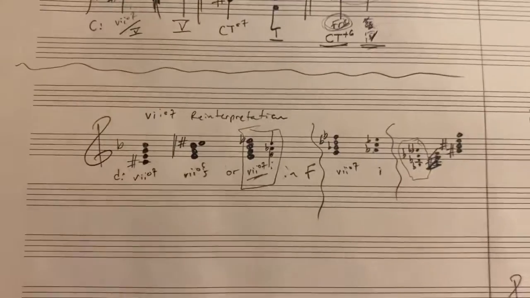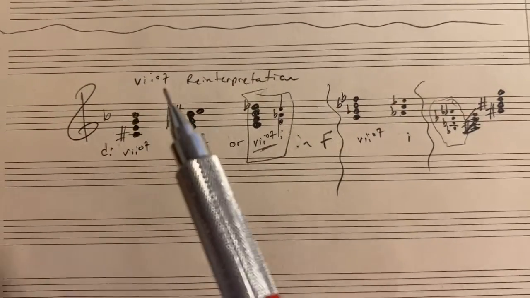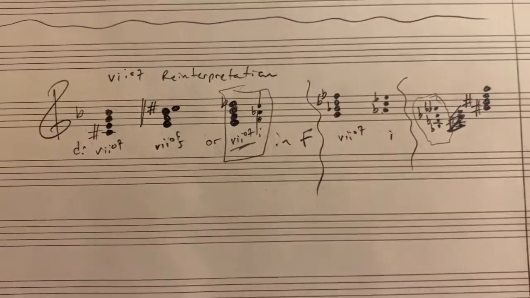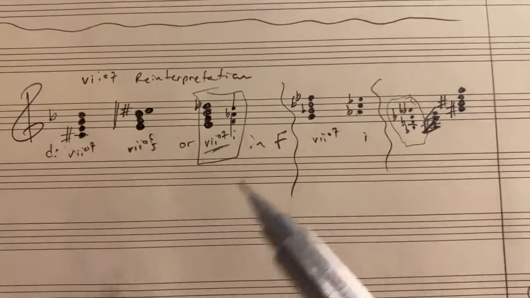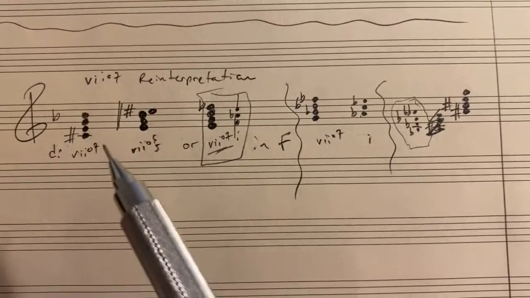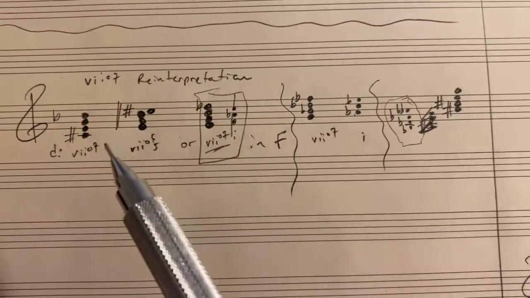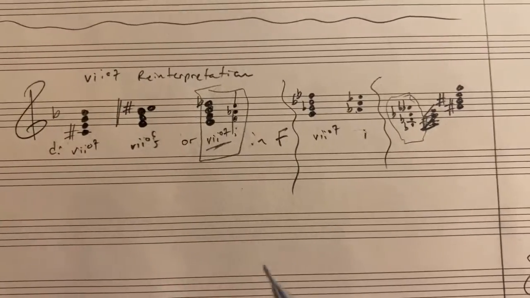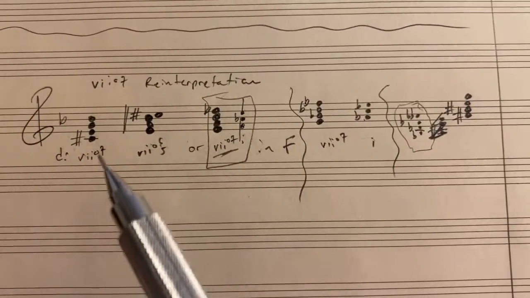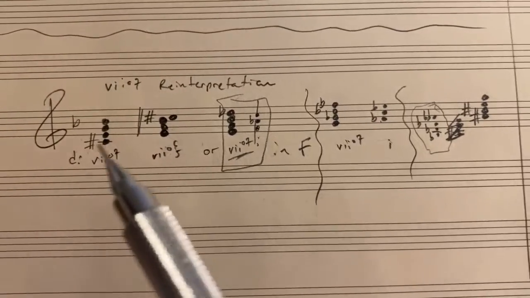Okay, so that's a characteristic of fully diminished 7th chords that makes them kind of unique, and so you'll run into this in repertoire. Anytime you see a chromatic fully diminished 7th chord and it's not making sense how it's working, like maybe you're in D minor, you see this chord, but it's going to some weird place. What the hell's going on?